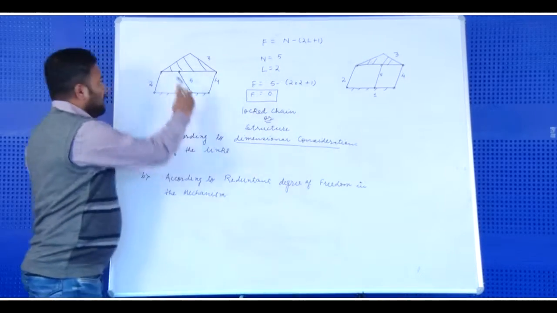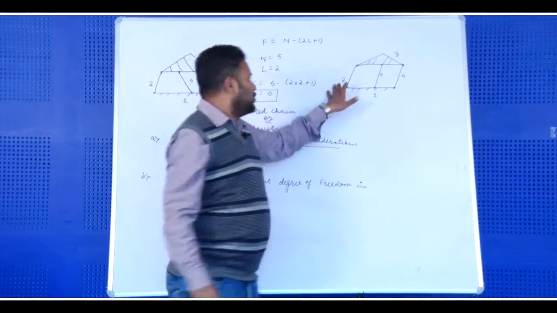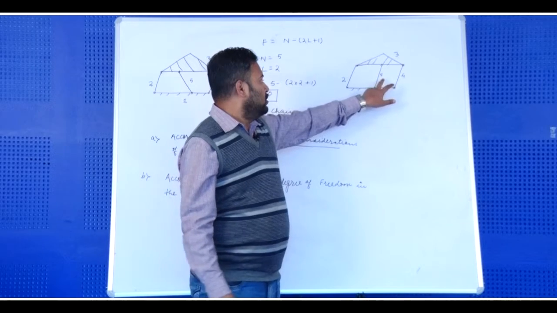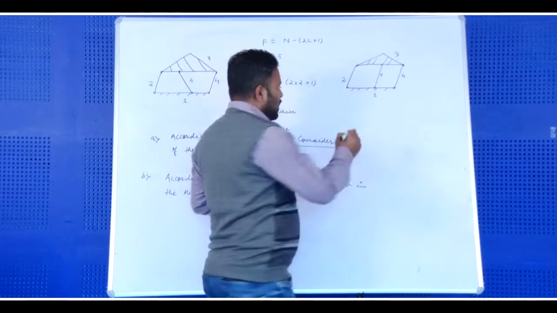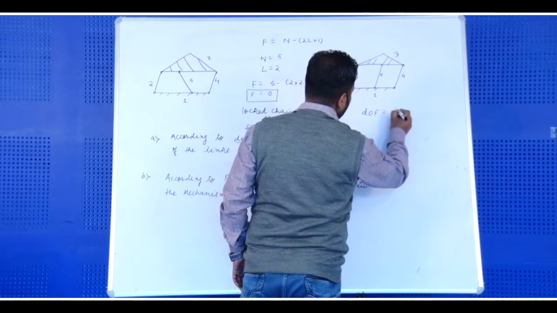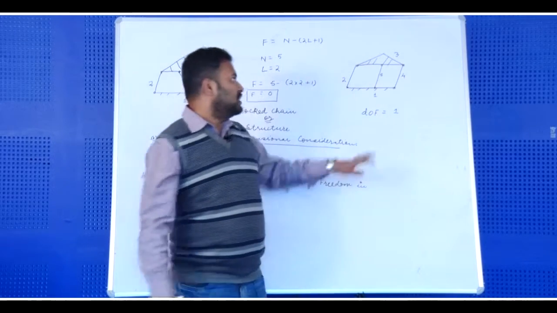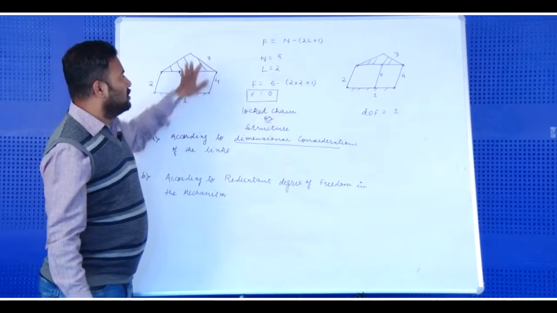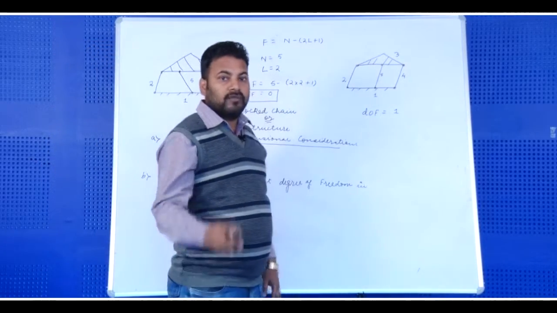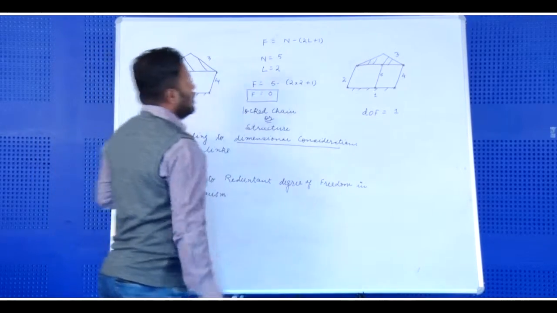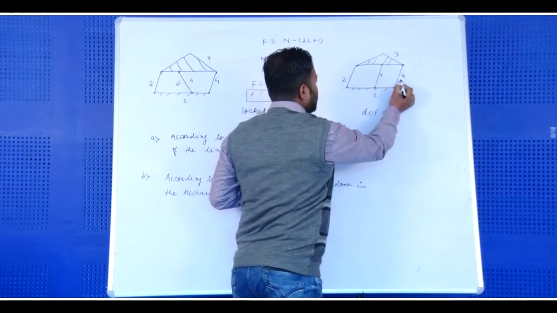Now, I have arranged link 5 parallel to either of link 2 or link 4. By arranging it so, we can find that the degree of freedom of such a mechanism is 1, meaning it can move in one direction. The number of links is the same, 1, 2, 3, 4 and 5. Only what we have changed is that we have made link 5 parallel to links 2 and 4.